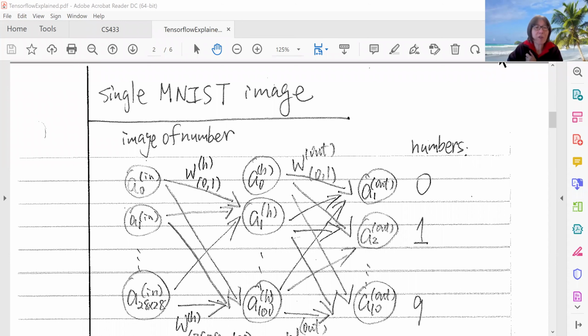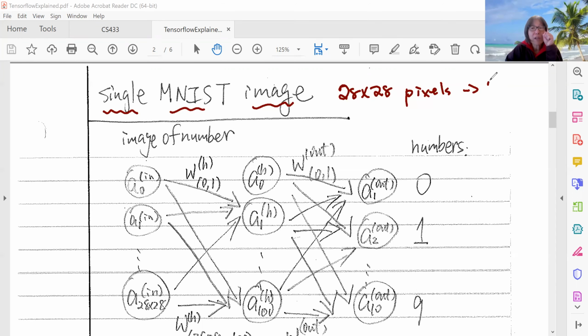So this is just discussing one single MNIST image. As we already know, it's 28 by 28 pixels, so that leads to 784 features.